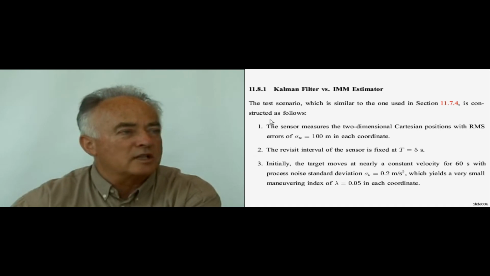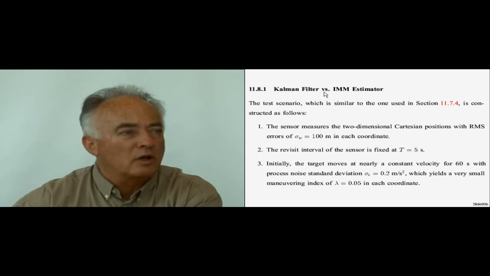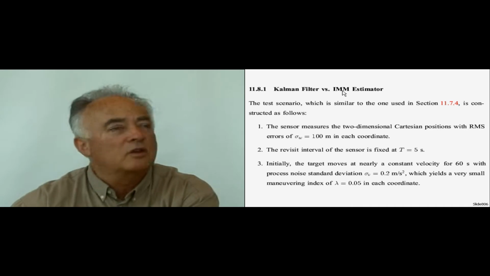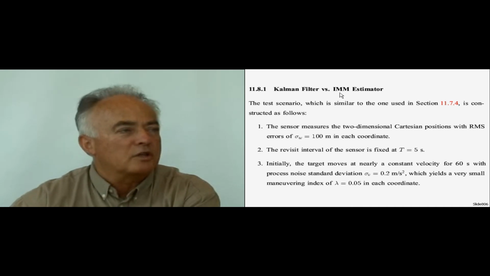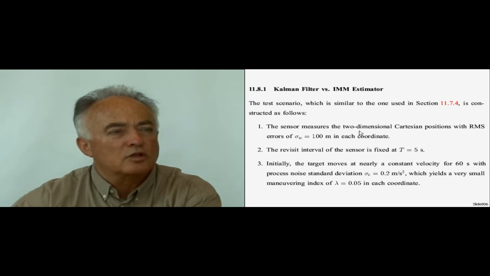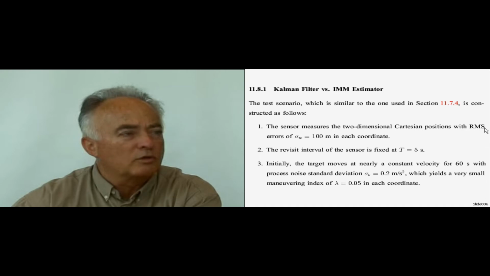So the test scenario based on which we evaluate when a Kalman filter is sufficient or an IMM estimator is better is as follows. We have a sensor that measures two-dimensional Cartesian position with RMS measurement errors, standard deviations, of 100 meters in each coordinate.